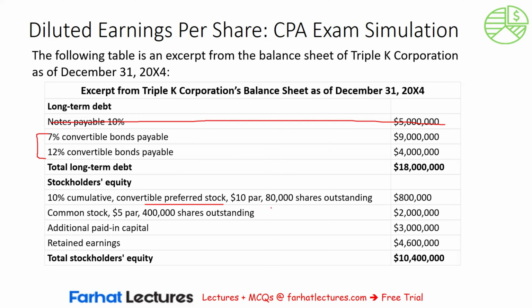Also, this convertible preferred stock will be considered in the computation of the diluted EPS. We have also information about common stock, $5 par, 400,000 shares outstanding. Additional paid-in capital, retained earnings, they won't affect the computation of EPS.